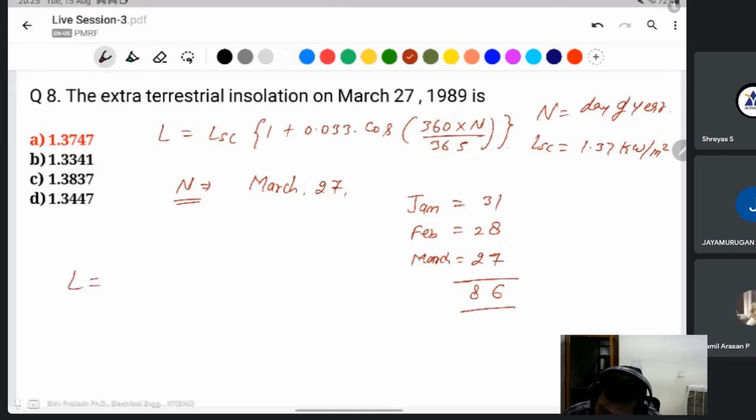Then LSC is 1.37 kilowatt per meter square into 1 plus 0.033 into cos of 360 into n, where n is 86, divided by 365.